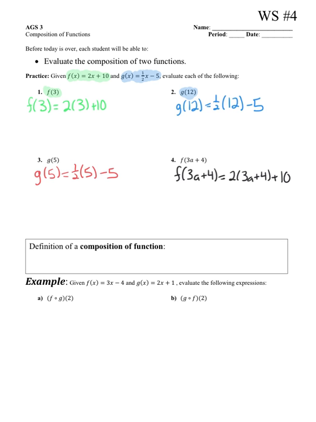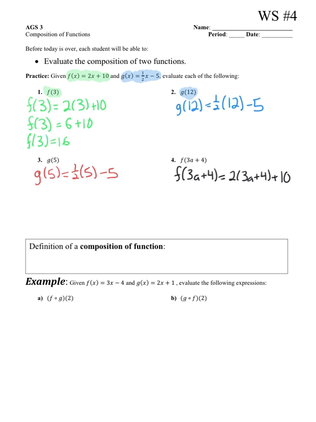All right, so for problem 1, f of 3 equals 2 times 3 plus 10. This is pronounced f of 3, it's not f times 3 or anything like that. It's just saying we're going to replace all the x's with 3's. 2 times 3 is 6, plus 10 is 16. So f of 3 equals 16.